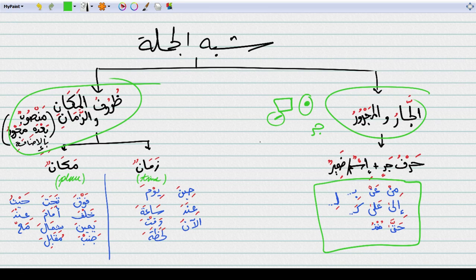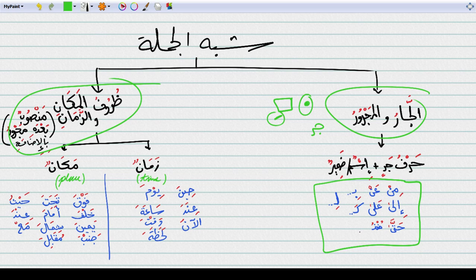An example of these is like these ones, so I'm going to read them: min, ila, an, ala, the prefix ba, the prefix ka, the prefix la, hatta, mundu. There might be one or two missing here, but these are the famous ones.